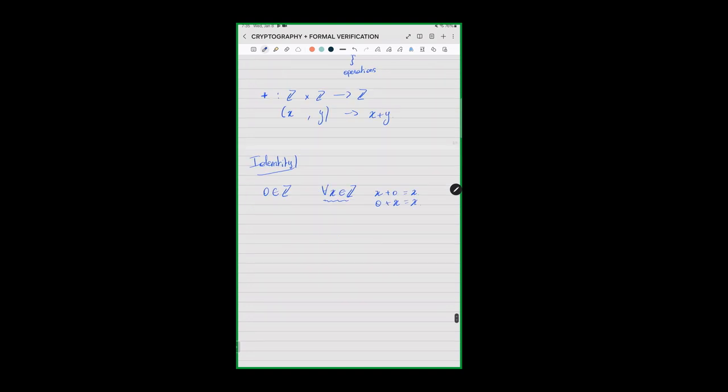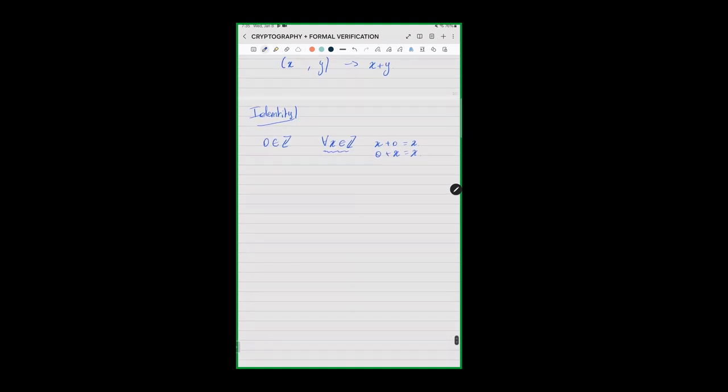I'm going to make a formal abstract definition here, and examples here.